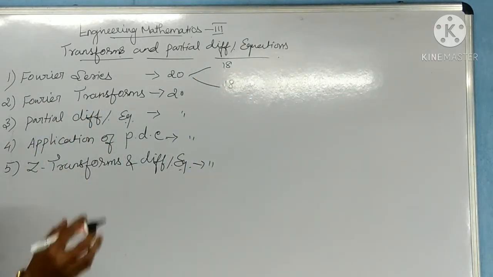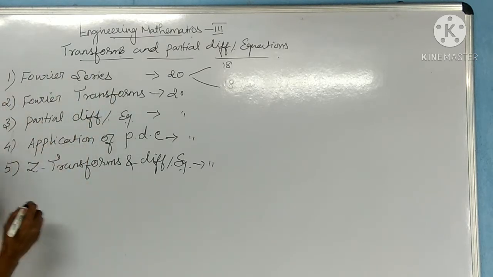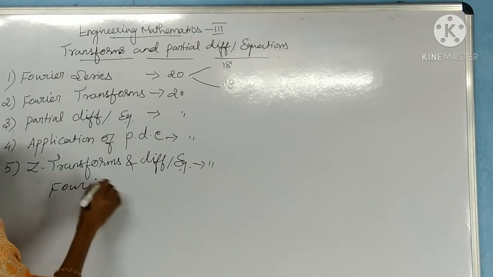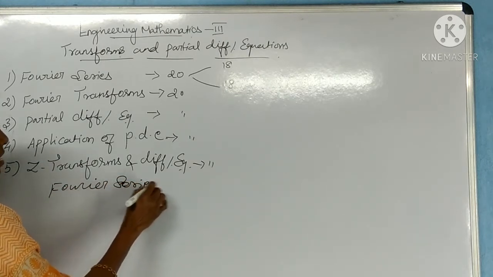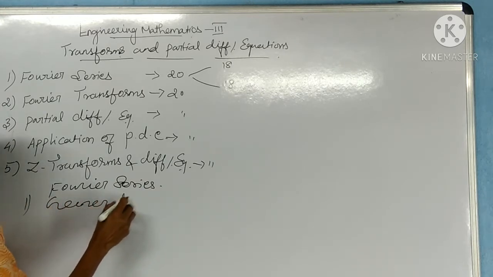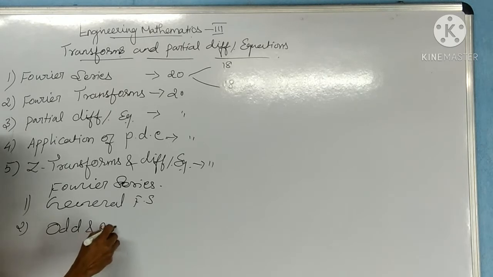For example, we take the Fourier series. Fourier series has so many chapters. First chapter is general Fourier series. Second one is odd and even functions. Third one is cosine and sine series.